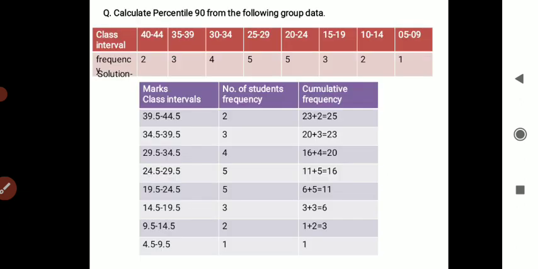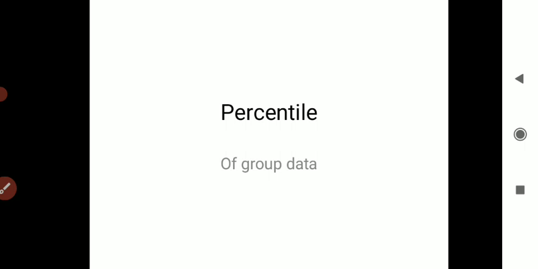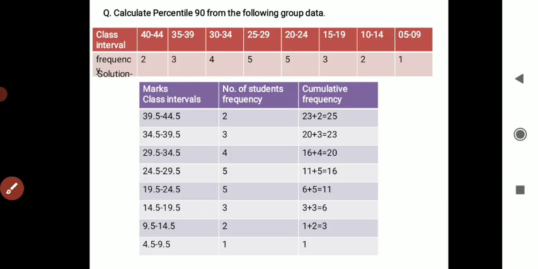Here you observe that the value 22.5 is not present, so we have to look for the value just above 22.5. You observe that 23 is just above 22.5.